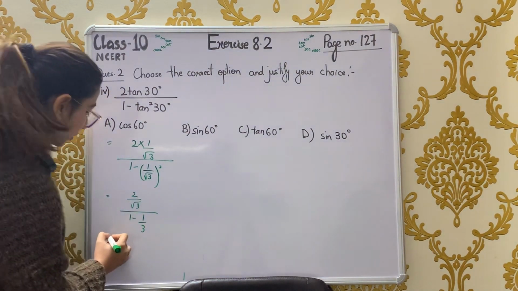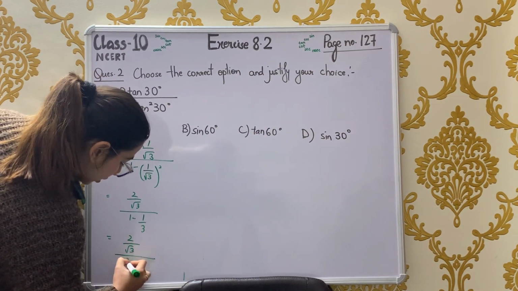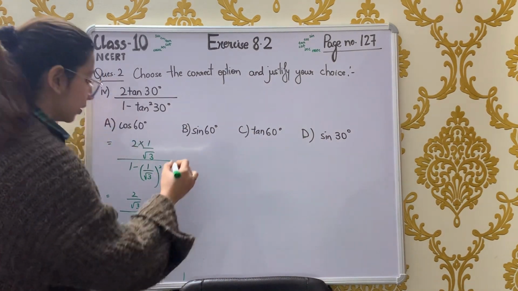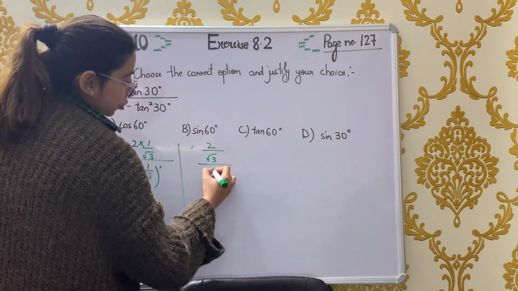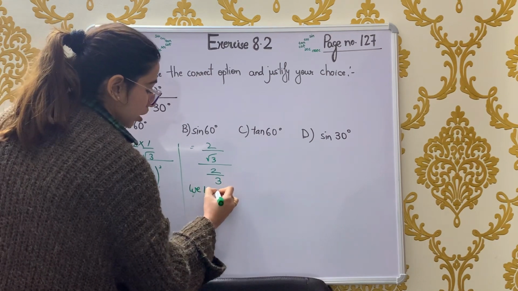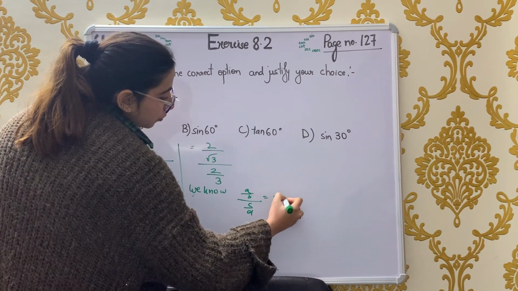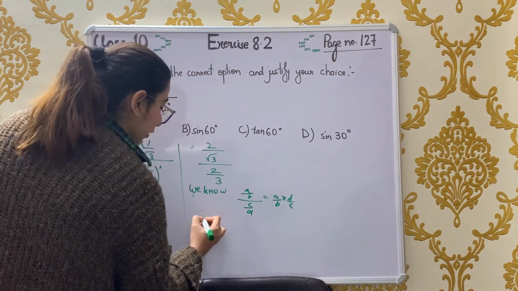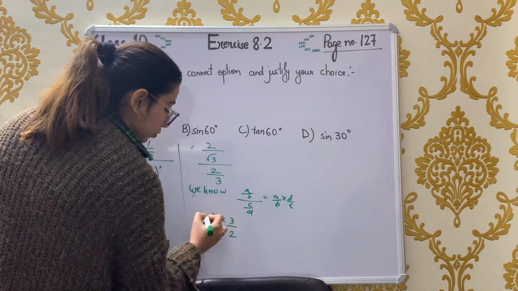Taking LCM in the denominator, it becomes 2 by root 3 upon (3 minus 1) by 3. So this becomes 2 by root 3 upon 2 by 3. Now, we know A upon (C by D) is equal to A by B into D by C. So therefore, 2 by root 3 into 3 by 2.